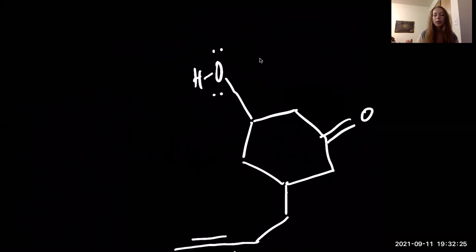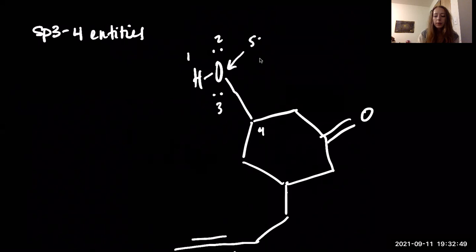So 1, 2, 3, and the carbon would be the fourth one. Those are four things surrounding this oxygen, and that's how I'm going to consider sp3 with those four entities, four things around them. Okay, so this oxygen right here would be sp3.